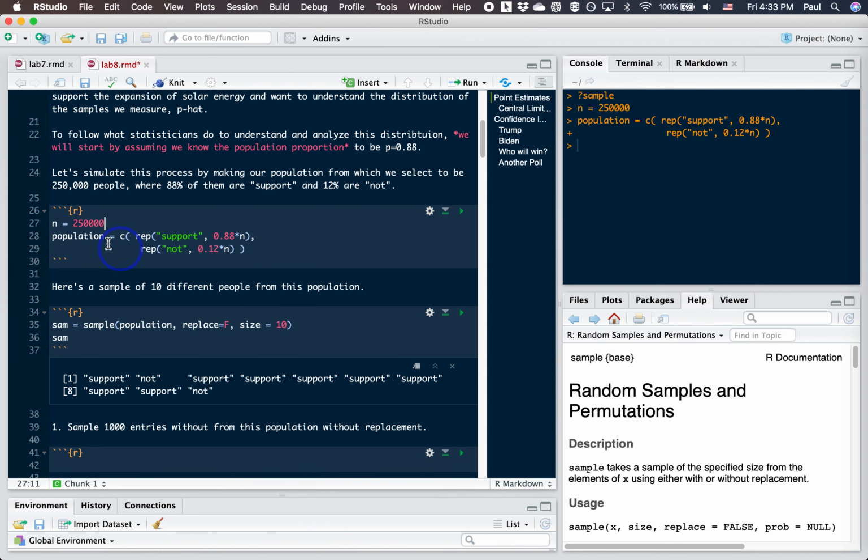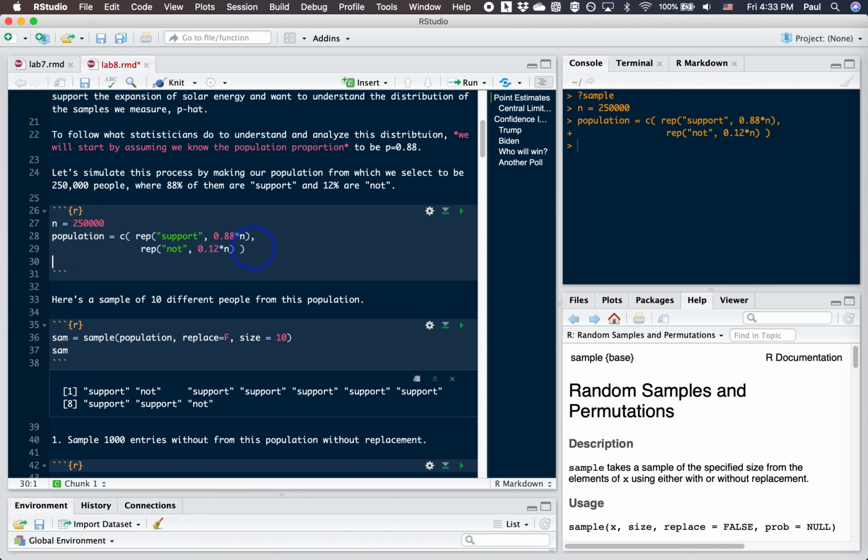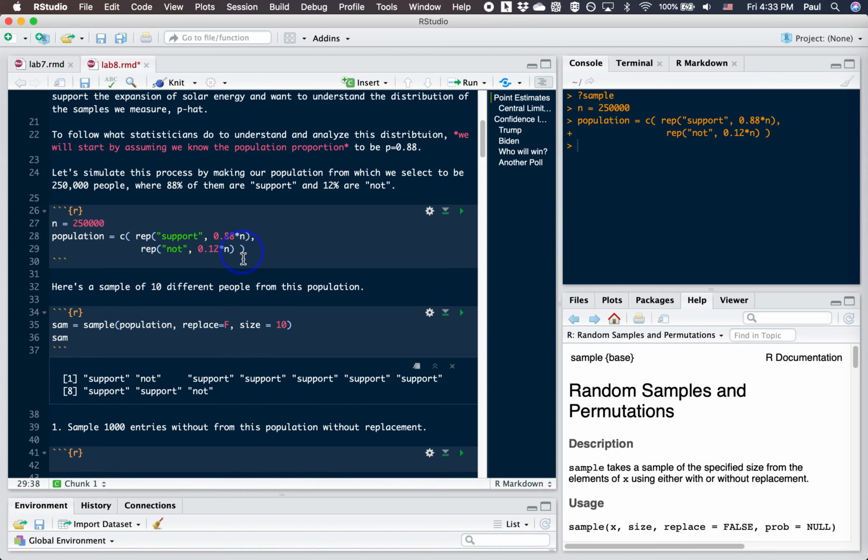If you run a sample of this population that we just constructed, this is a lot of data. Don't type population and run it. It'll print a lot of stuff, and it might slow your computer down. So in this case, we're going to just sample 10 people from it, and here's a sample of what is in population. We have people that say support and people that don't.